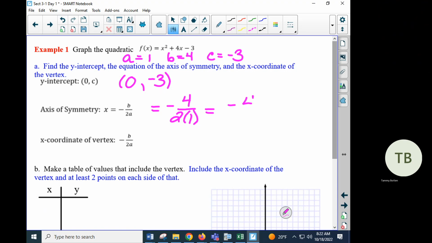So this is -4/2, which would be -2, okay? When you list your axis of symmetry, you list it as x equals whatever this is, because it's a line, it's not just a point. So x is going to equal -2.